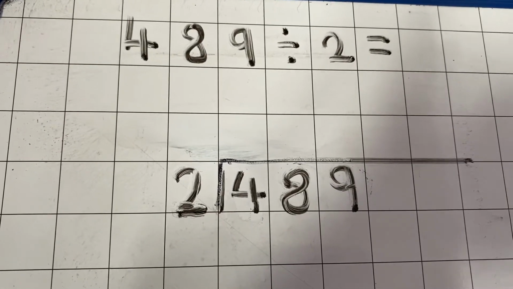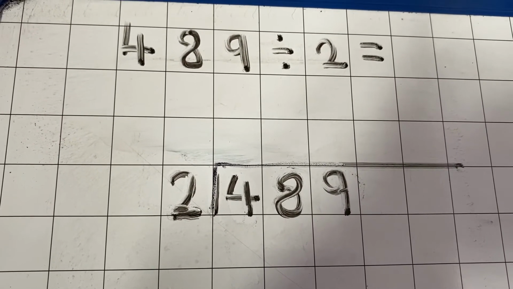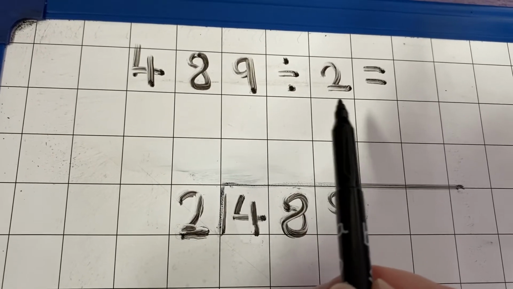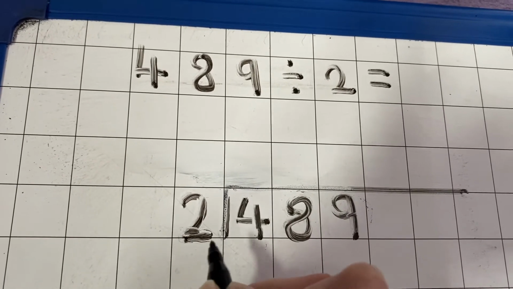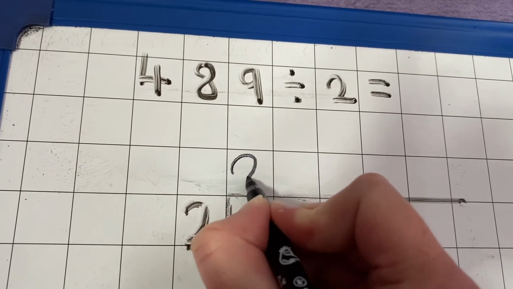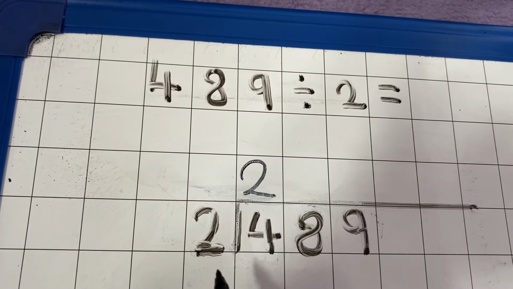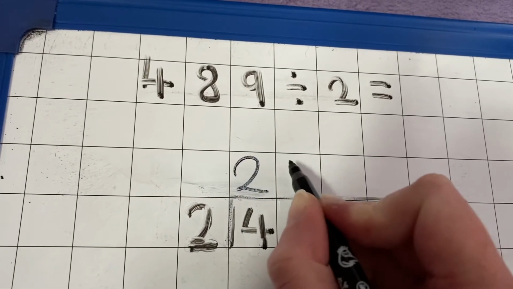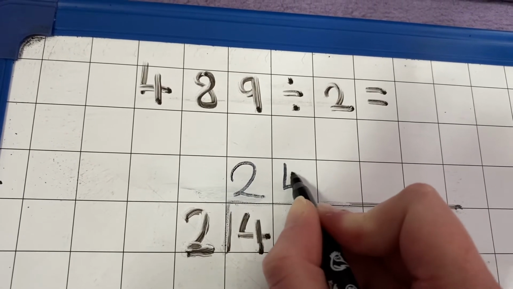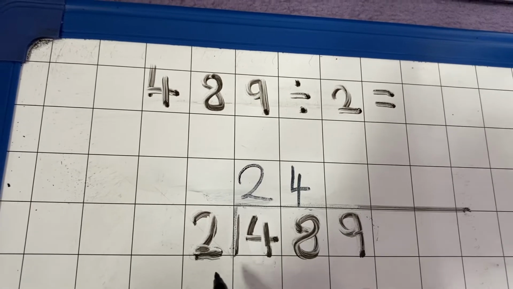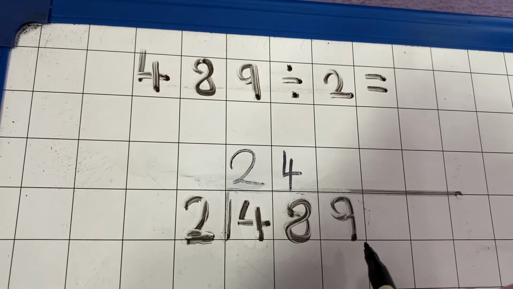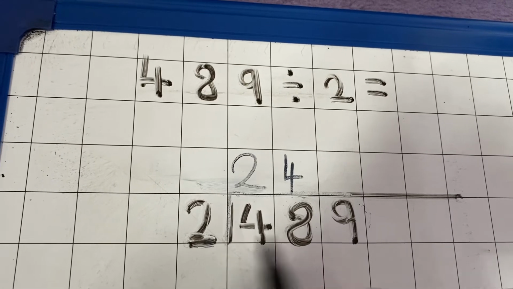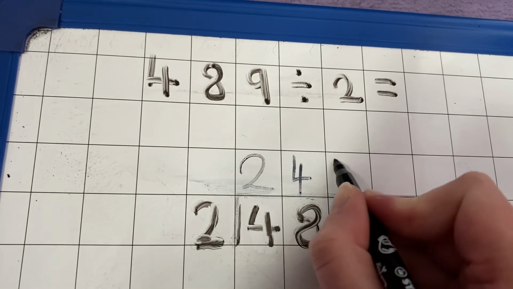Sometimes children will experience finding remainders. So here we have 489 divided by 2. I know that I will have 2 groups here. I know that I will have 4 groups here. But looking at the ones, I know that I could make 4 groups of 2, which would bring me to 8.